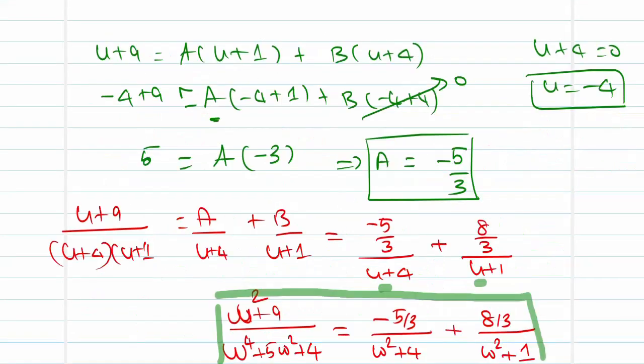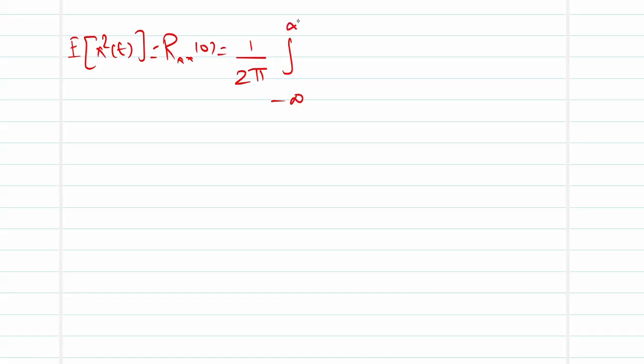So my expected value of x square of t, which is nothing but Rxx of 0, is 1 divided by 2 pi, integral from minus infinity to infinity of the fraction (omega square plus 9) divided by (omega power 4 plus 5 omega square plus 4) d omega.